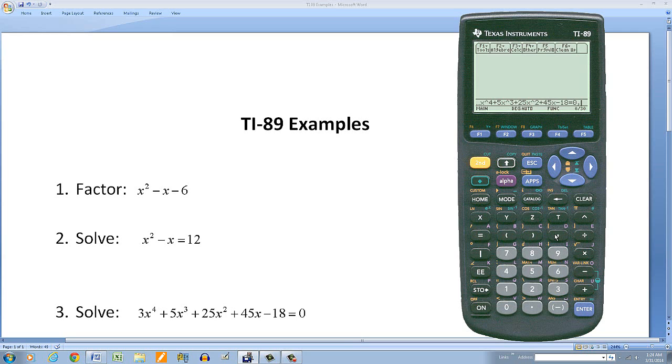Again, it has a comma and then the variable x, close the parentheses, and hit enter.